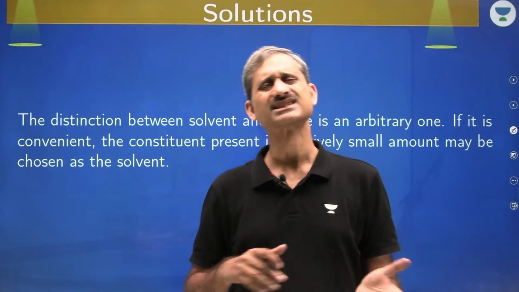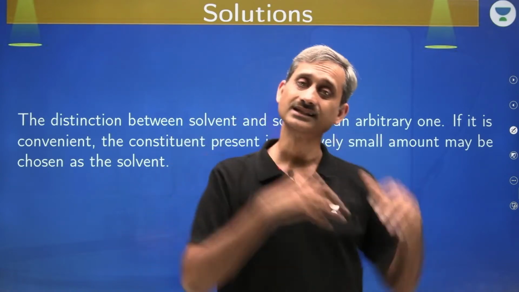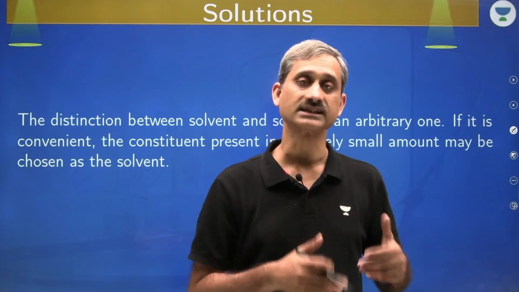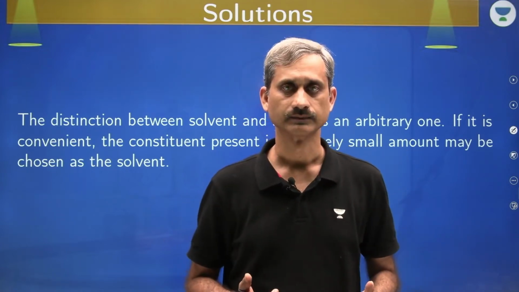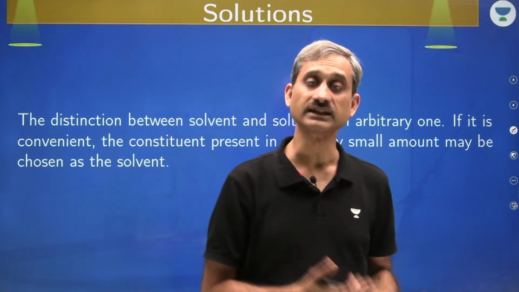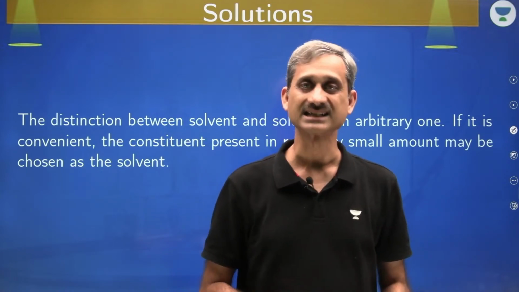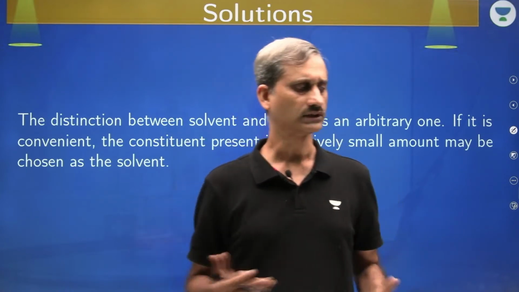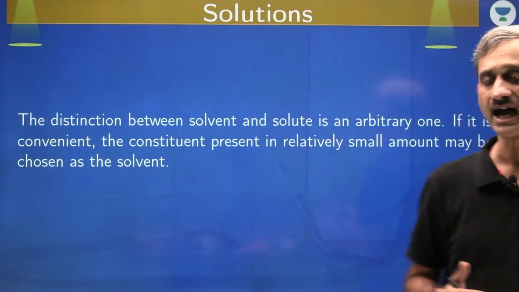Arbitrary means it is just taken for convenience and convention. We consider this particular one a solvent because it is easier for us to do so. If it is convenient to us, we can consider something else as the solvent. That is what we call arbitrary, not a specific logic or reason.